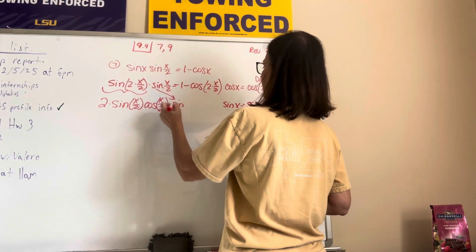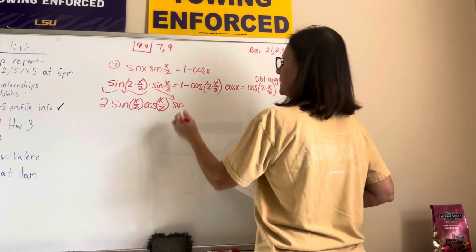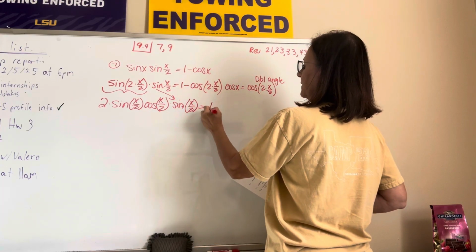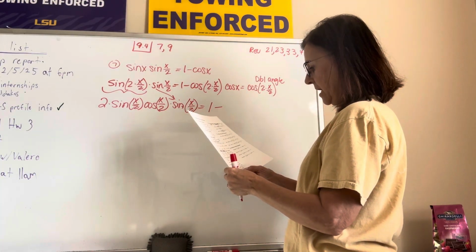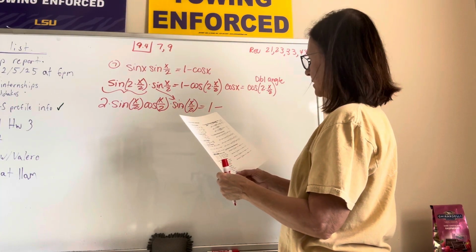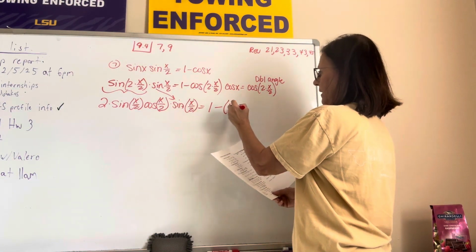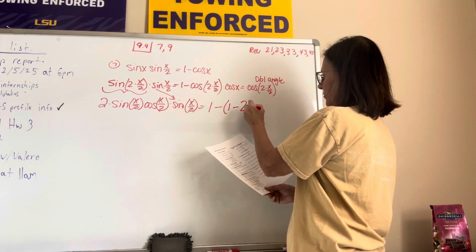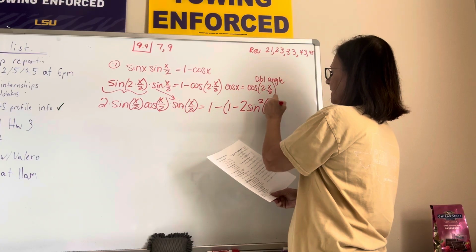Now, that's this term. I'm going to erase this because I don't need the room. Times the sine of x over 2. And this is 1 minus. For cosine of 2 times x over 2, I am going to use the 1 minus 2 sine squared x over 2.